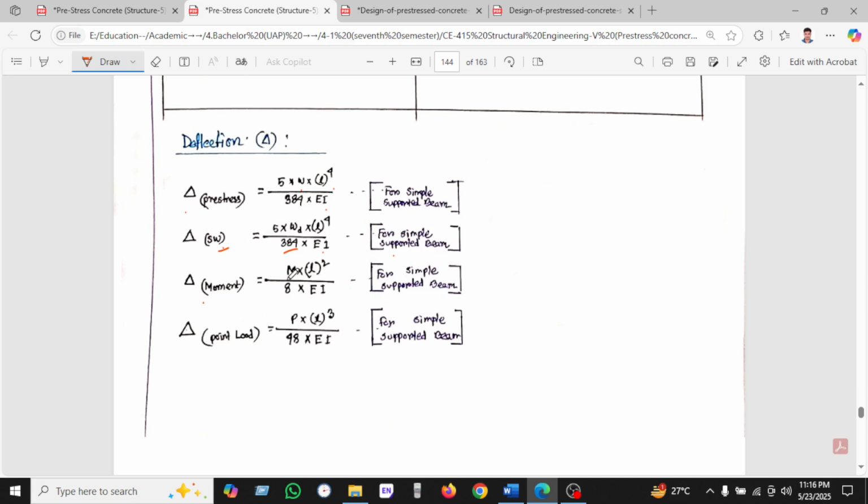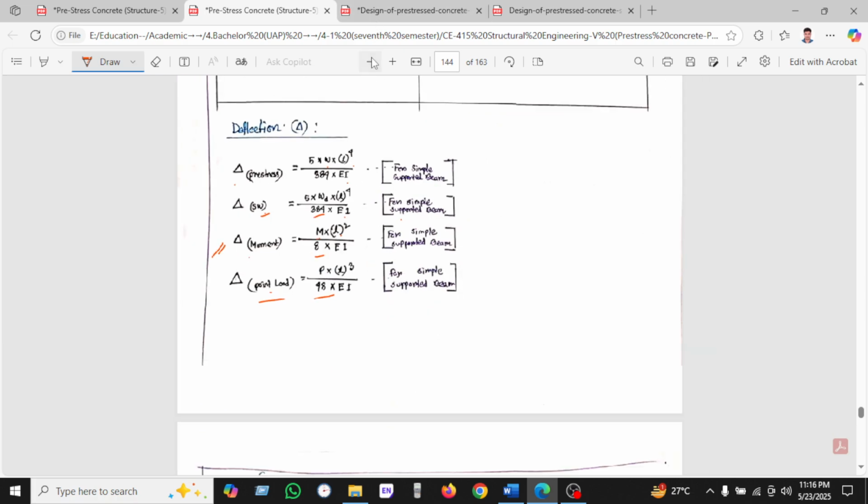For moment, it is M L squared by 8EI. This is the new formula. And for a point load we have PL cubed by 48EI. Okay, so that is covered.